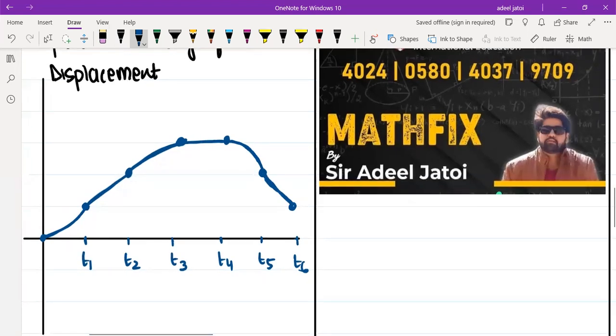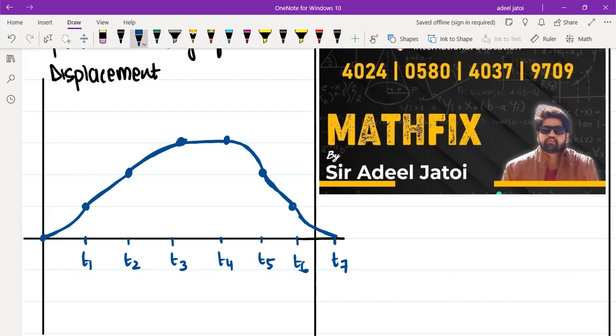Here, I'll introduce T7. And this will tell me that T6 to T7 is decreasing velocity, deceleration is in the negative.